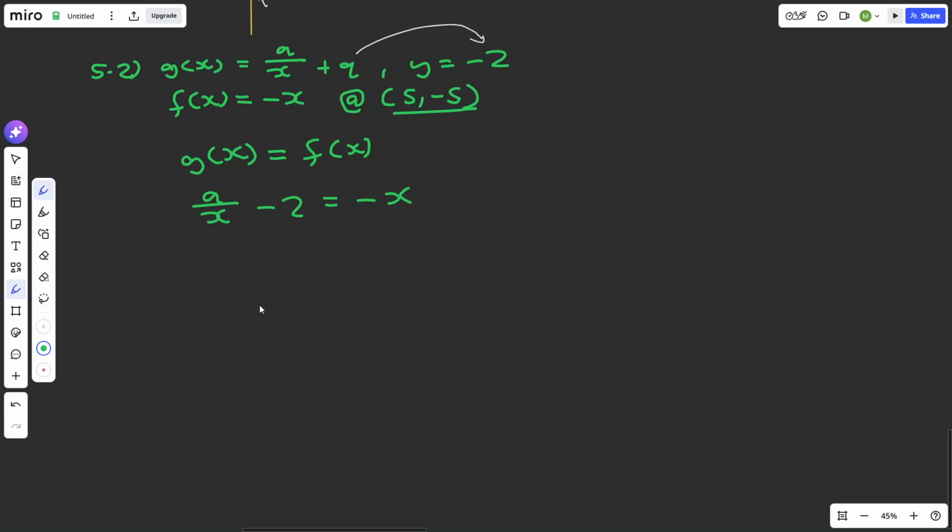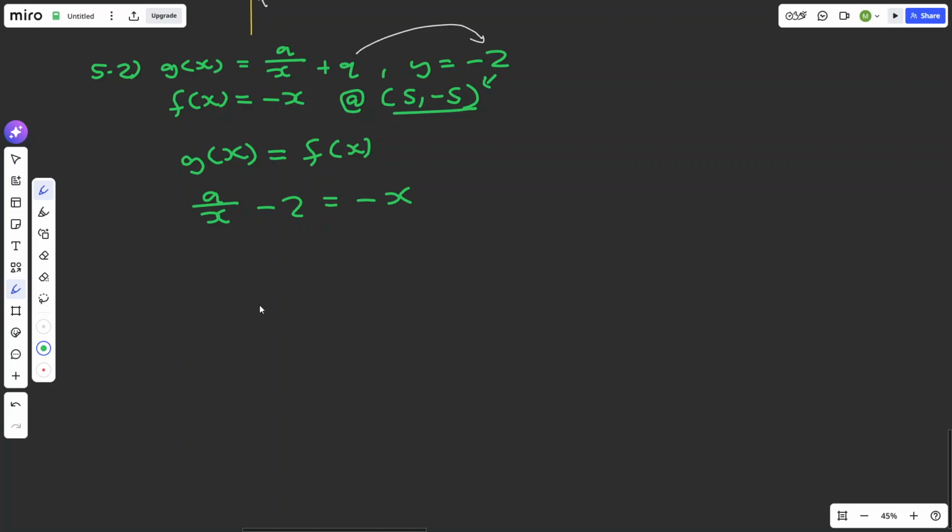Now we're given one additional piece of information, which is this point here. This is a common point where these two functions intersect. This x here represents 5.